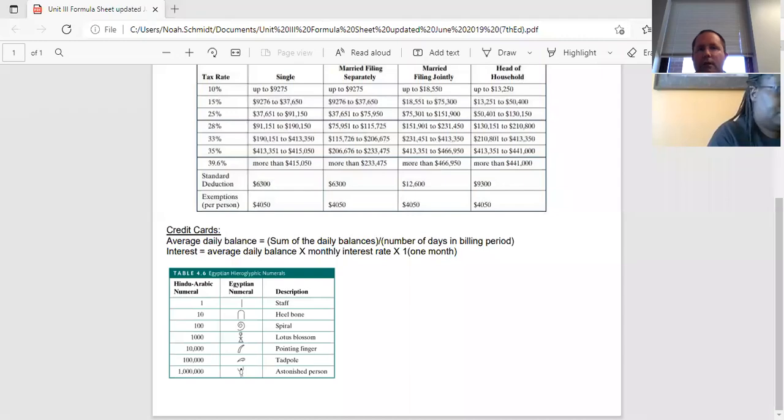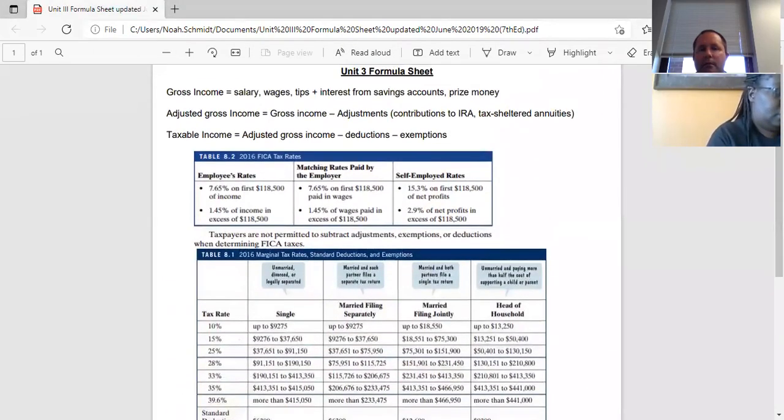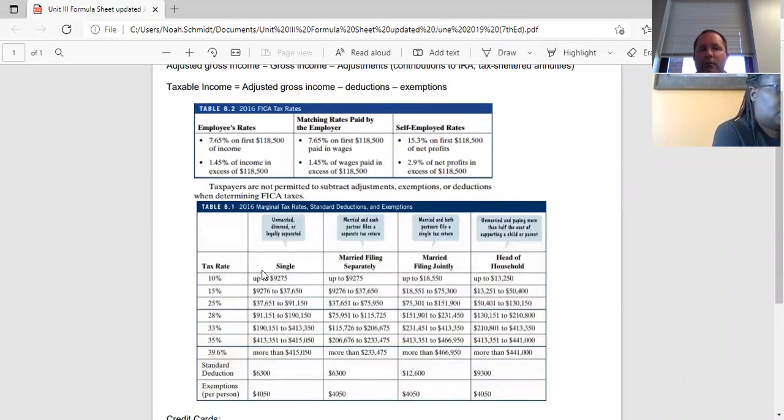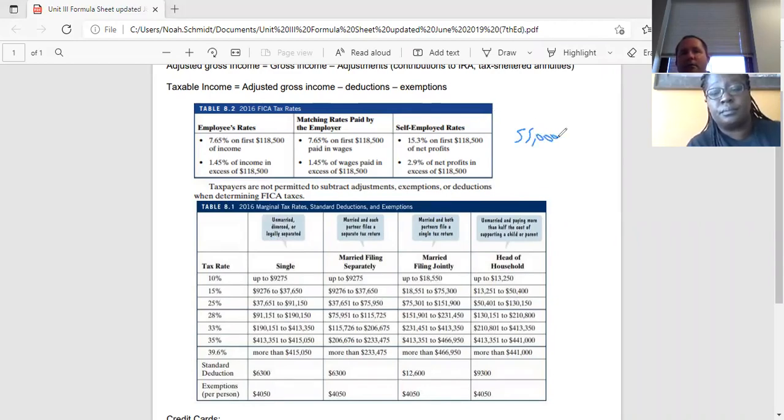So this person is unmarried, so he's single, and he's in this category right here, and he's got 55,000 in adjusted gross income.